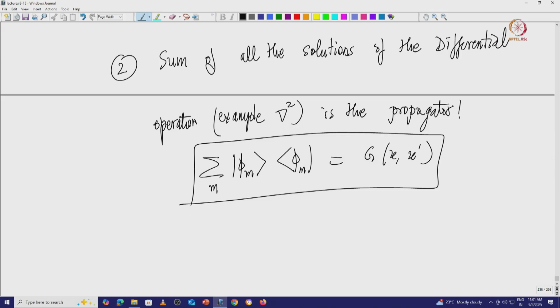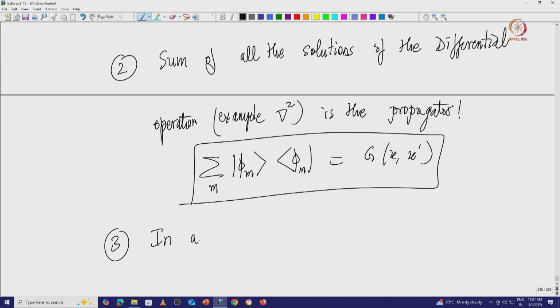Essentially, in a relativistic field theory, that is the reason why this happens: the propagator is the sum of all the solutions of the differential operator.